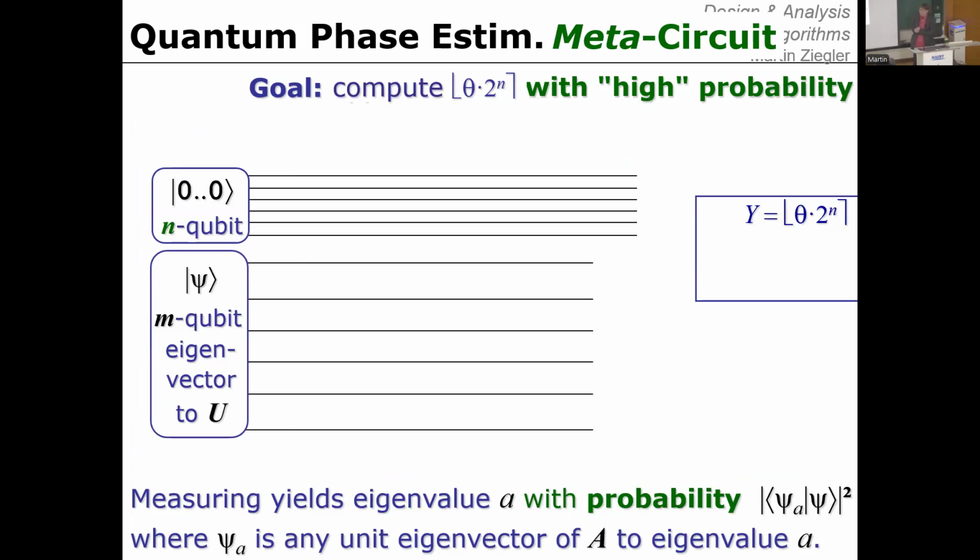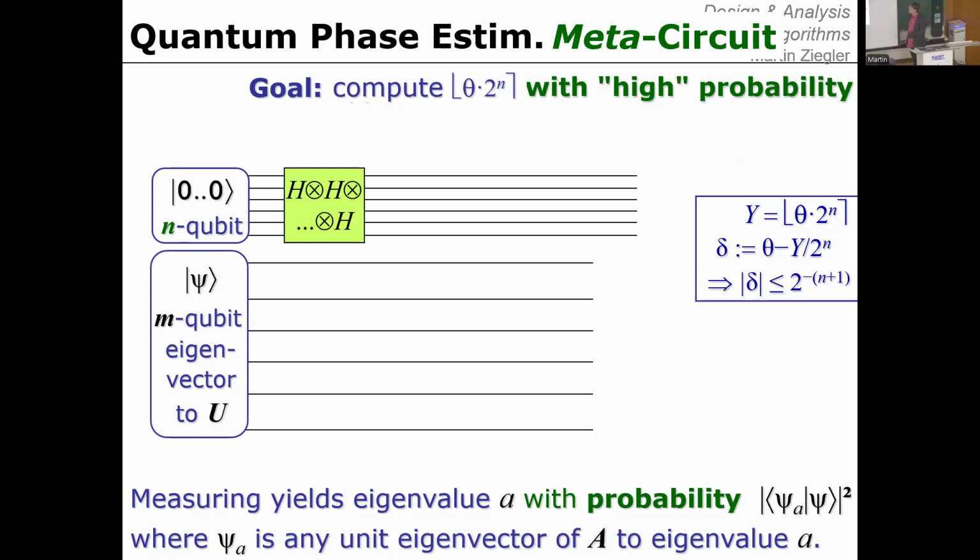So here we go. Quantum phase estimation meta circuit. Remember, we want to determine this integer y, n-bit integer, then the approximation error delta is at most 2 to the minus n plus 1 in magnitude. That's our goal.